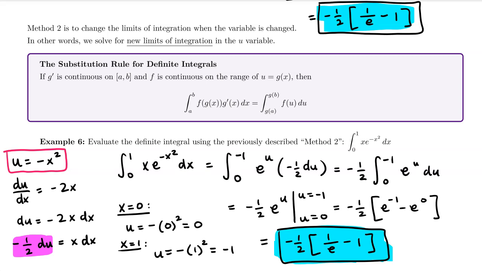So really, this is up to personal preference in terms of which method you want to use. In some cases, one might be a little bit more advantageous to use than the other, but again, either way, you should be able to get the same answer regardless of which method you use. And again, it's personal preference on which one you would like to use moving forward.